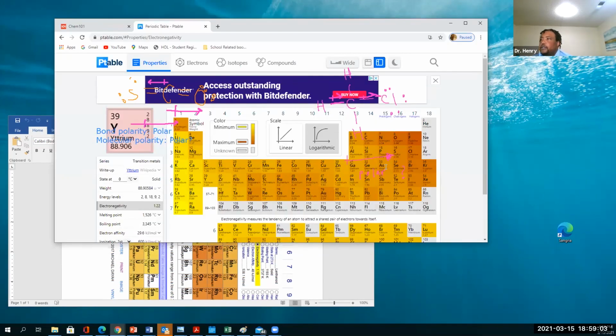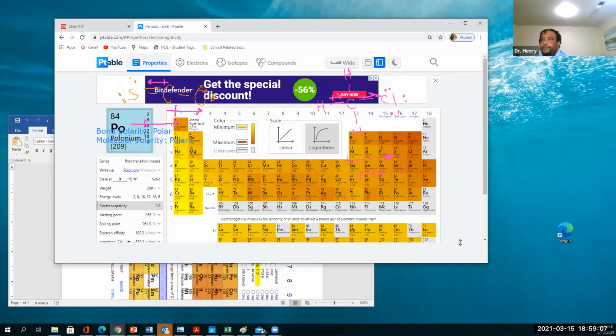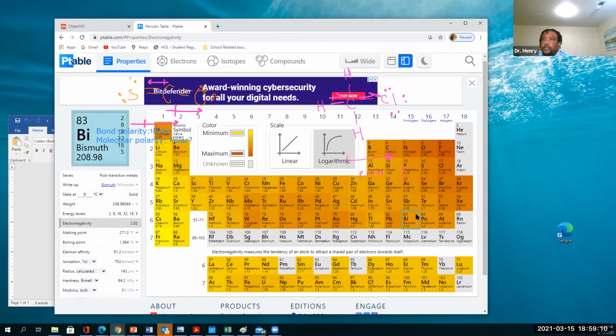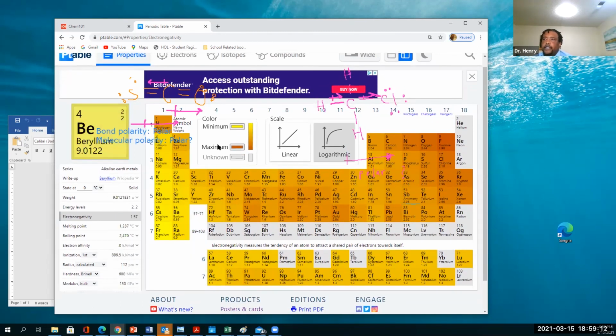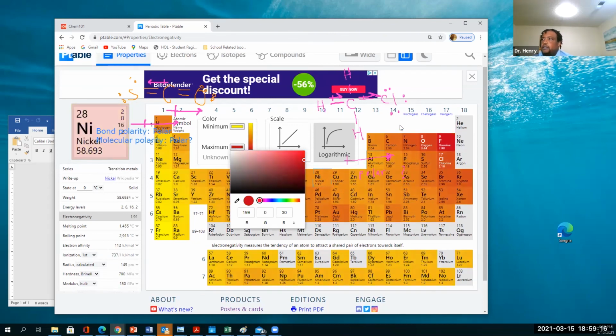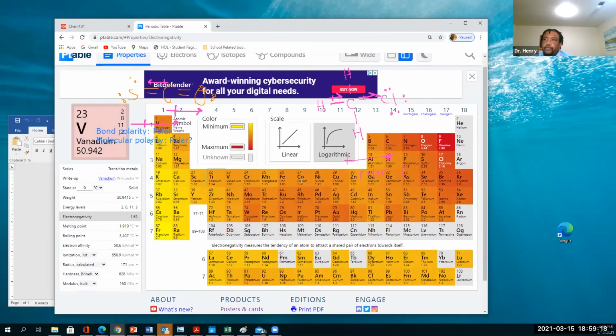Okay. Can you guys see the electronegativity table? So this basically is just showing us all the electronegativity. We'll make it red. Okay, so from yellow to red, the ones that are more electronegative are showing up here. So you guys can get an idea of what the electronegativity is relative to the other.